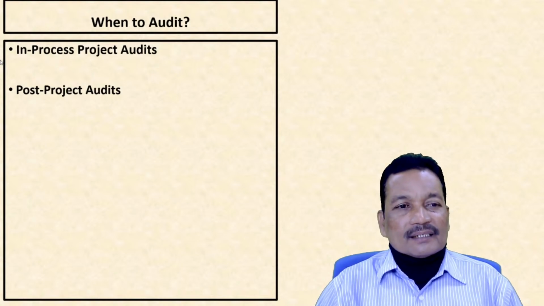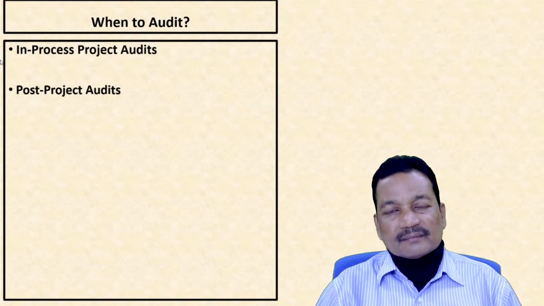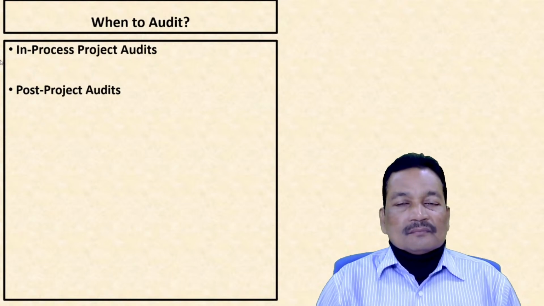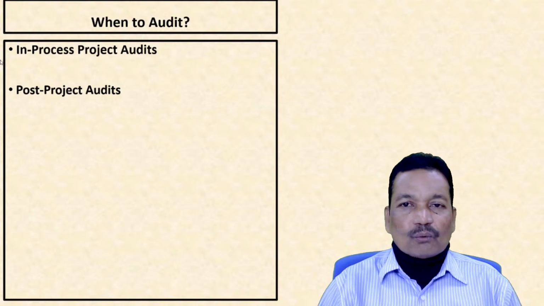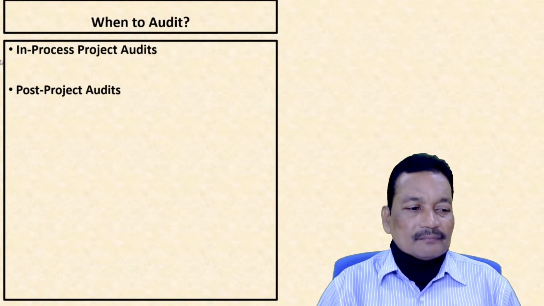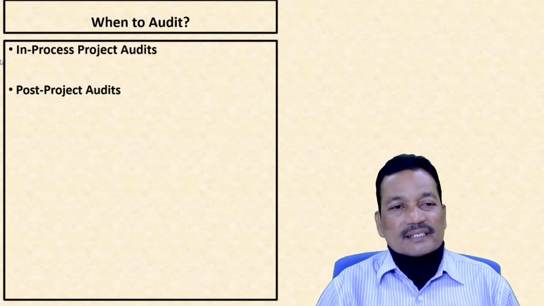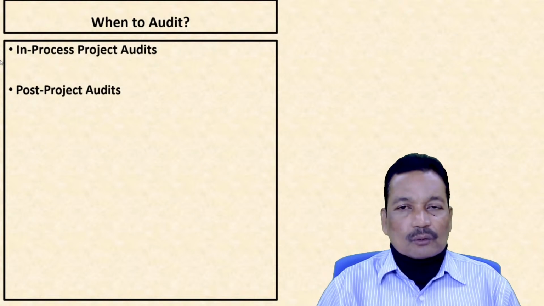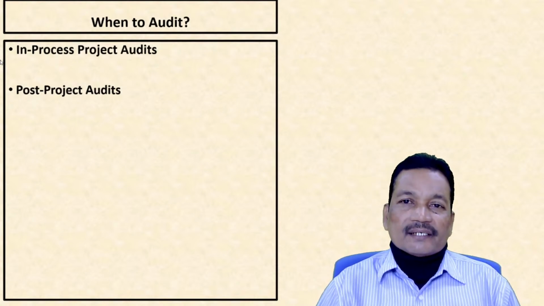Now, the second one is the post project audits. Once a project is completed, whatever form it may be, as we shall see in the latter stages, the closure stages, when a project is closed, we try to audit the project.